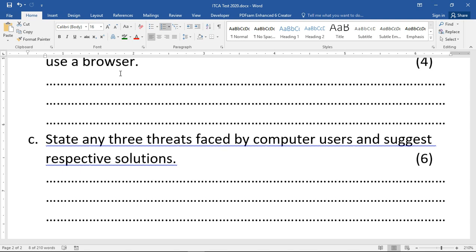Then lastly, you make sure that you have provided enough security to protect your hardware computers from thieves. You use uninterrupted power supply. Then you also need to make sure that you have a fire guard to protect the computers from fire. You need to know that the area where you are having your computer is not prone to flooding.